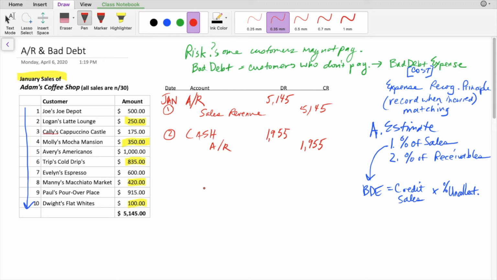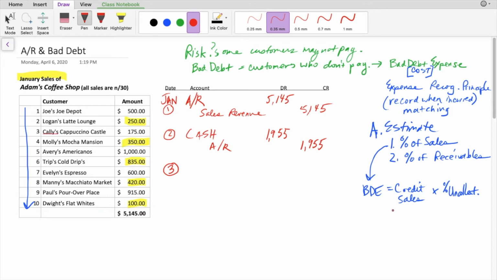But, as we stated before, it is possible and in all likelihood probable that we may have some customers that don't pay. And so we have to record our estimate. So at the end of the month of January, transaction 3 here, we're going to record our estimate.